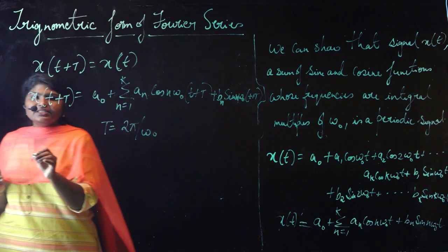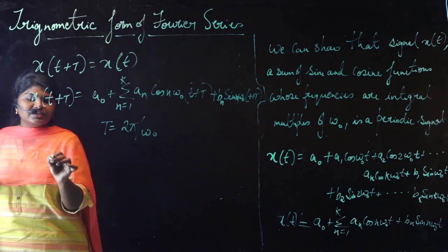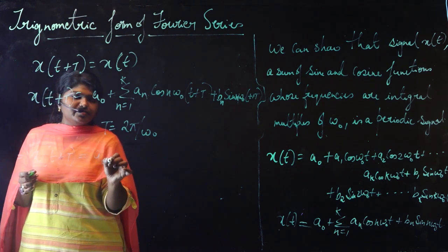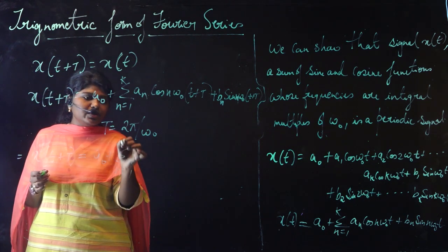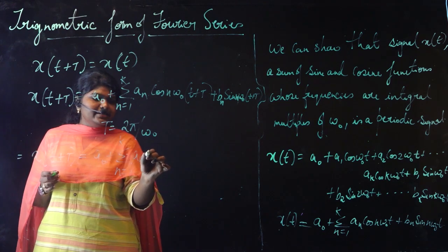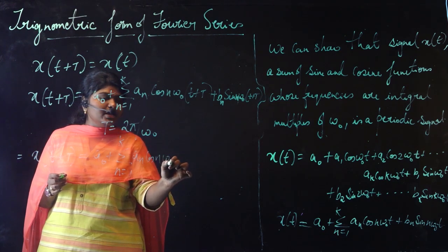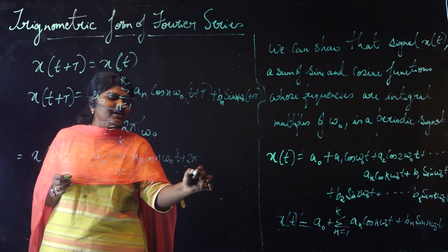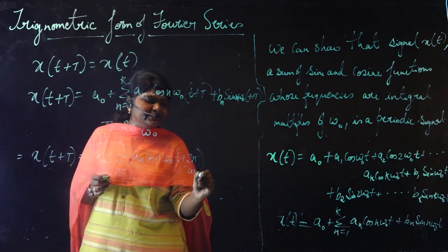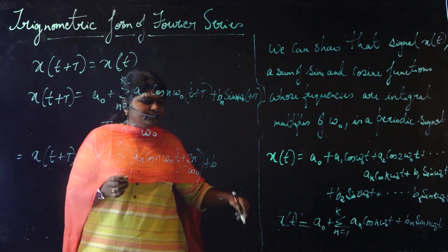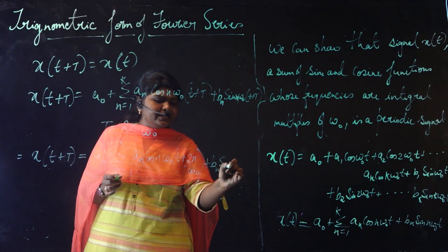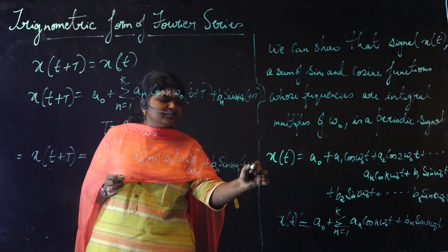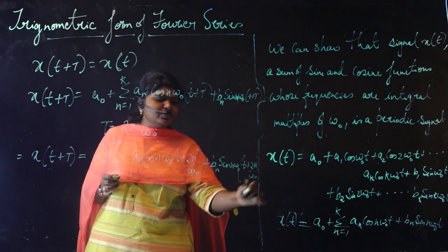So this will be equal to x(t + T), which equals a₀ + Σ (n=1 to k) aₙ cos(nω₀(t + 2π/ω₀)) + bₙ sin(nω₀(t + 2π/ω₀)).